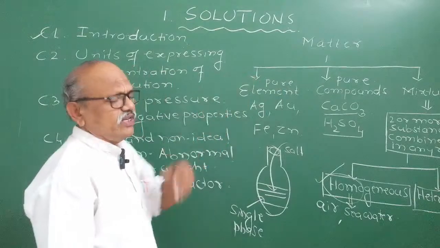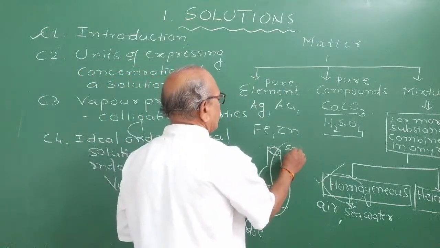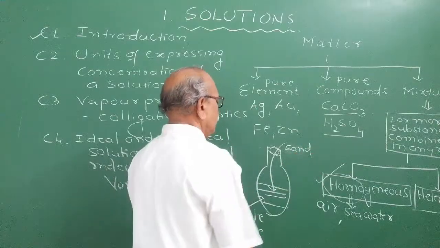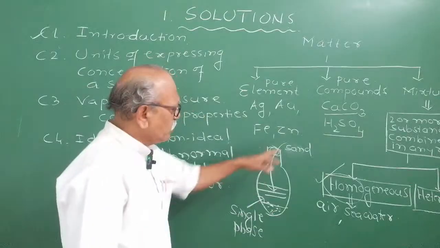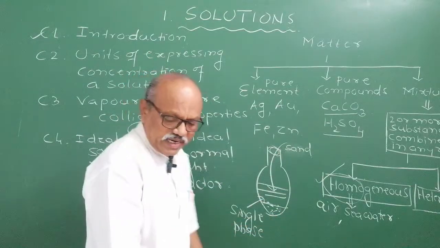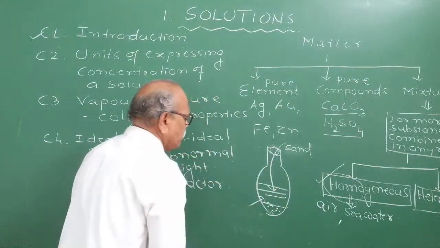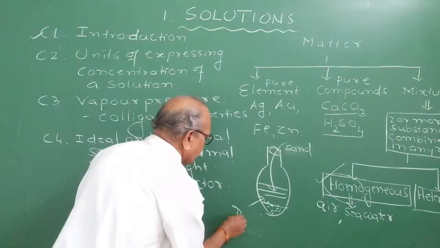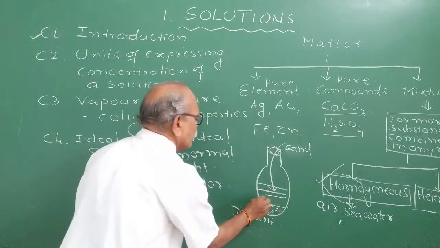Then what is heterogeneous mixture? If instead of adding salt, you add sand to it. Sand settles at the bottom, right? You can visibly see the separation between sand and water. Therefore, sand and water do not make one single phase. They form different phases. Even with your bare eyes, you can see.